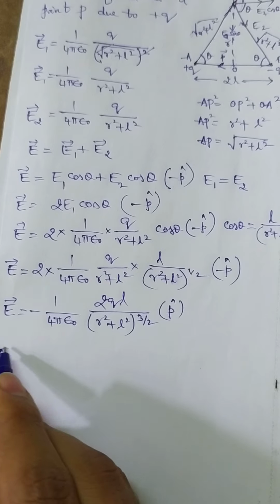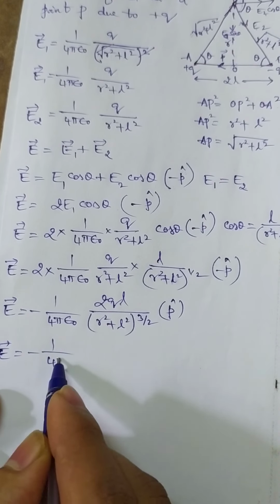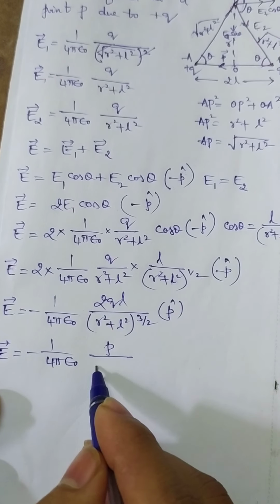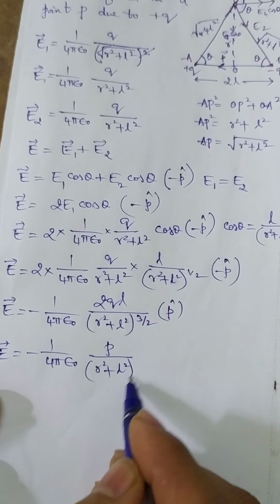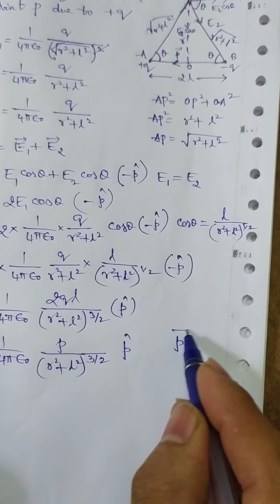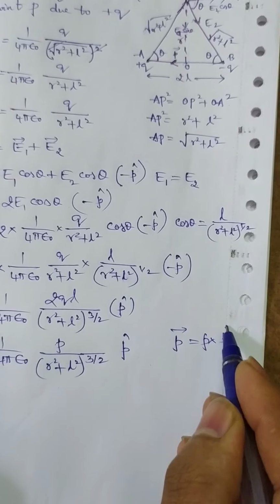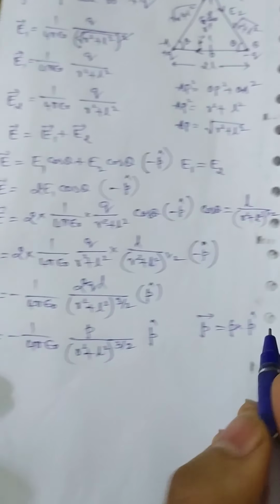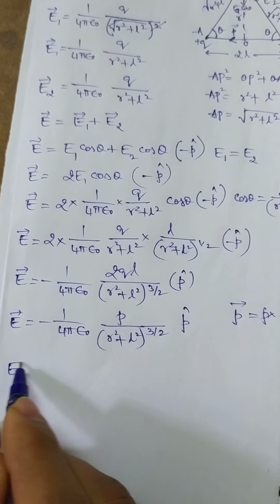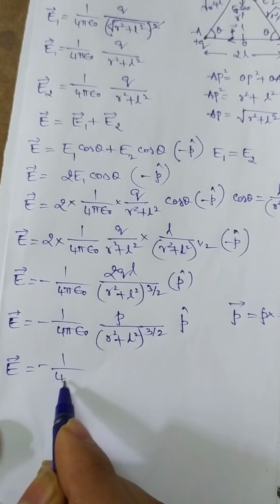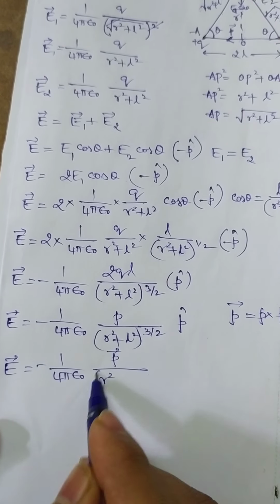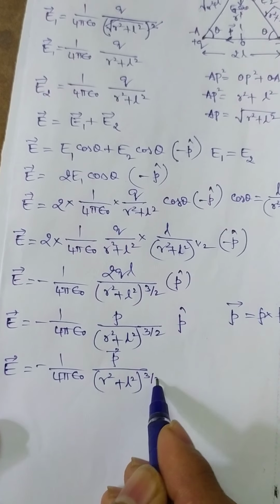So vector E is equal to minus 1 by 4 pi epsilon naught into 2QL, which is nothing but the dipole moment P, into P cap. A vector can be written as magnitude into direction, so we have P into P cap, and I replace that by vector P. So vector E is equal to minus of 1 by 4 pi epsilon naught into vector P divided by R square plus L square to the power of 3 by 2.